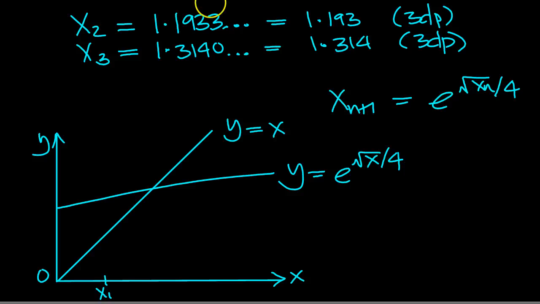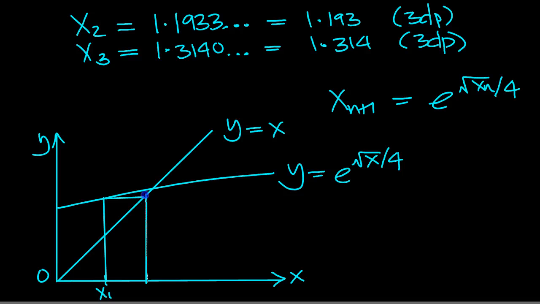We start at x1, we input x1 into the function, and then we've got our next value here, which we then need an x value for. So here's the y equals x line, so that will be the new x value that was the former y value. So there's the vertical line there.